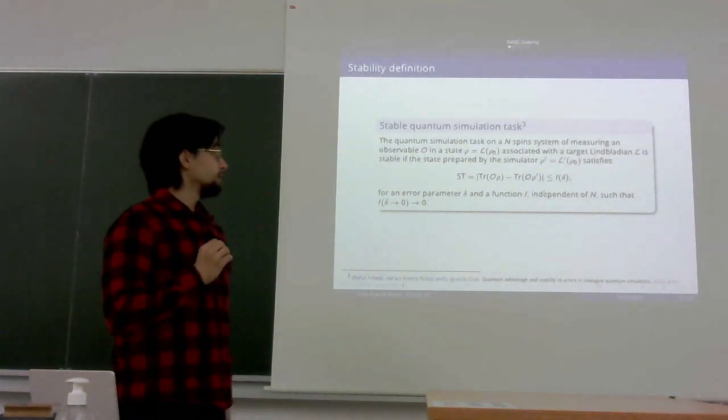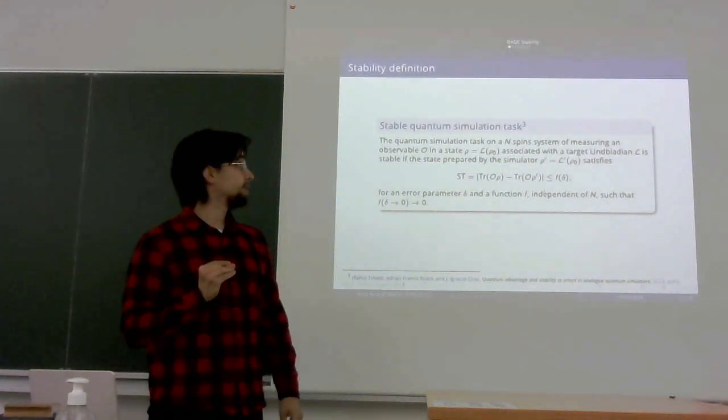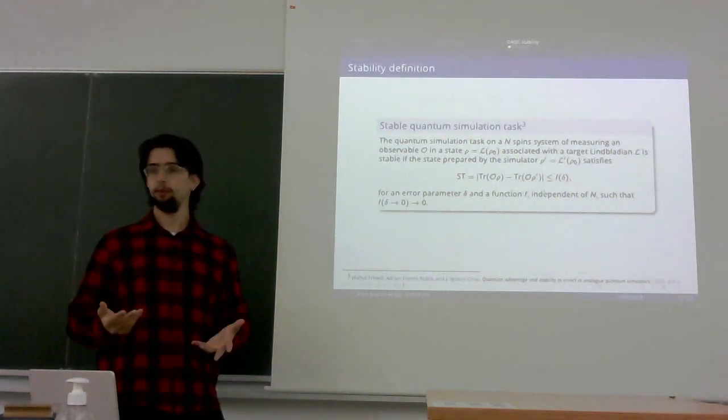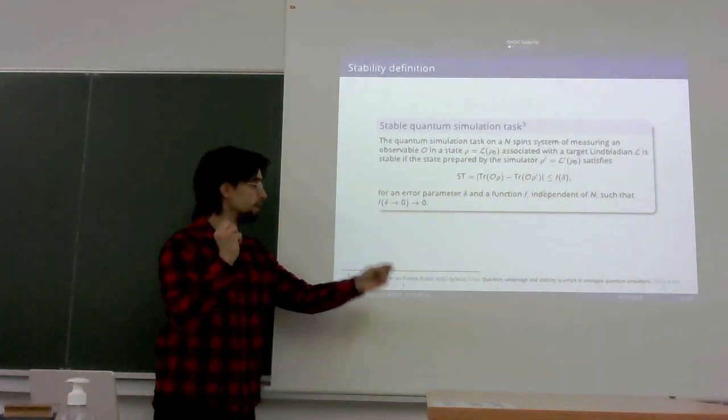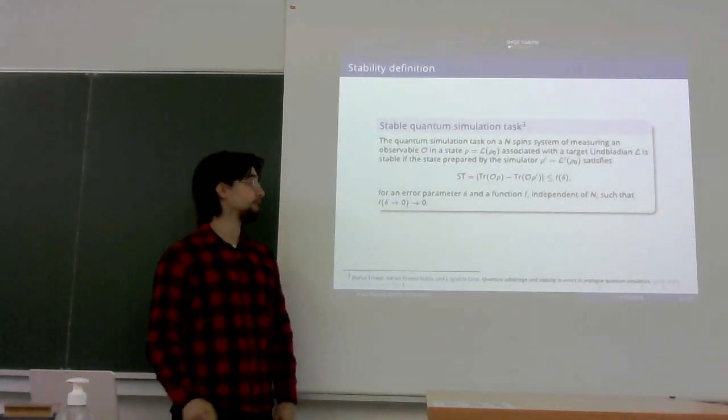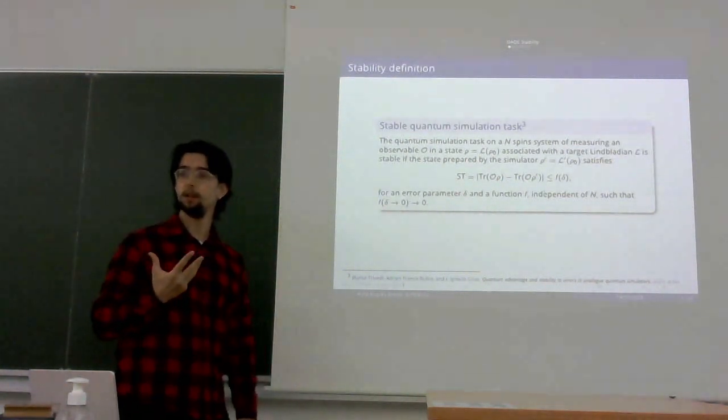Now, to discuss the stability of digital analog, once that we know how these errors affect the Hamiltonians, we are going to rely on this definition of a stable simulation task.